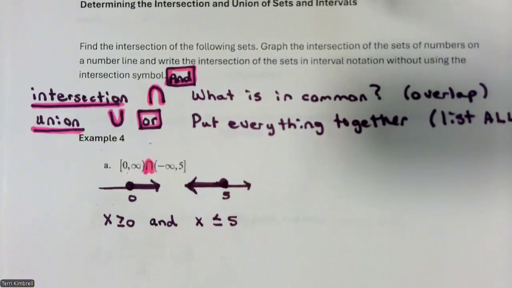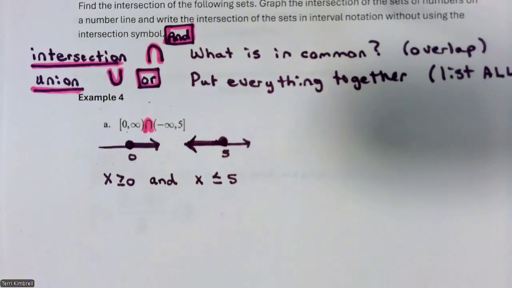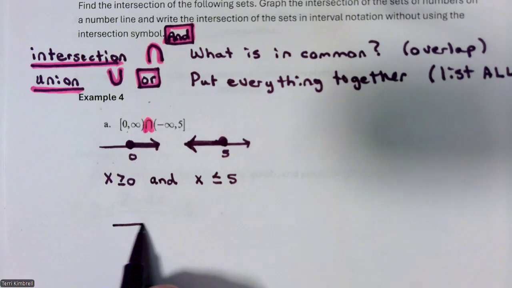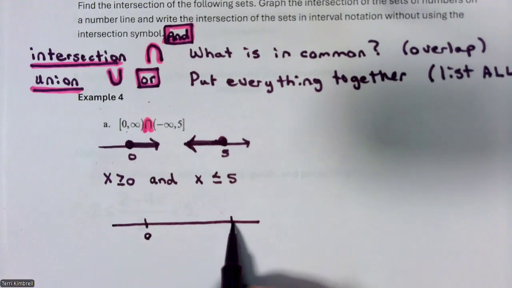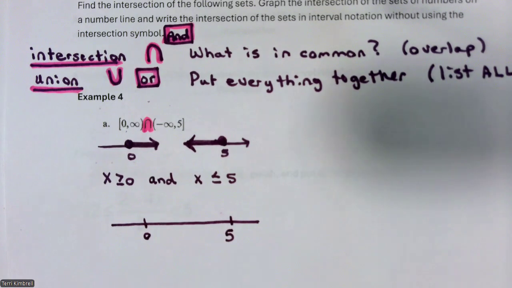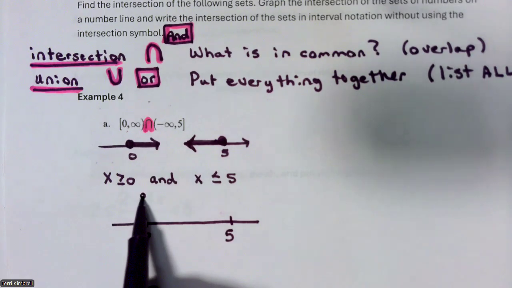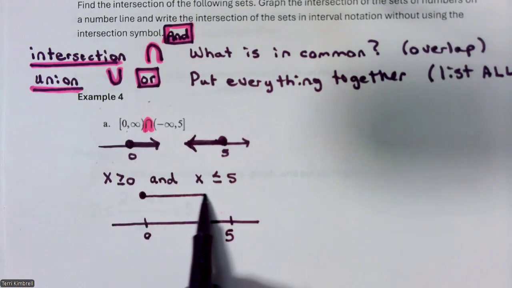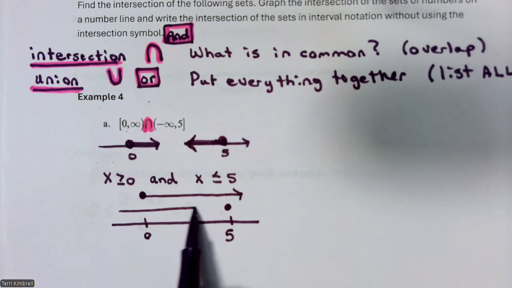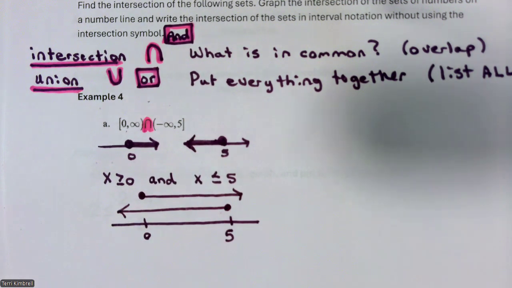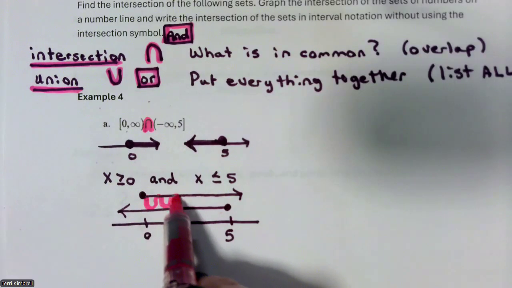So the other graph is going to be going to the left on positive 5. So if I look at these two graphs together, and I have 0 here and 5 there, I'm looking at what they have in common. So if I have 0 going to the right and 5 closed going to the left, the part that they have in common is going to be this overlap.